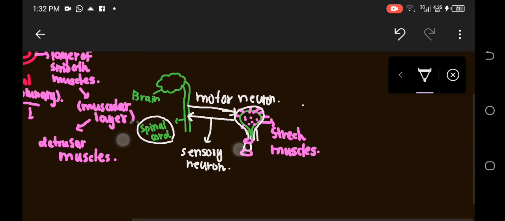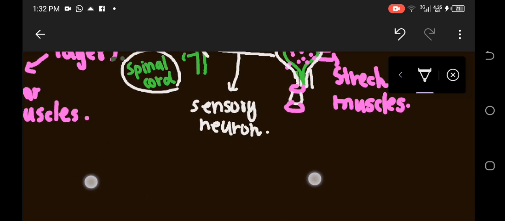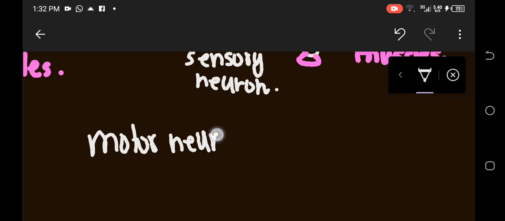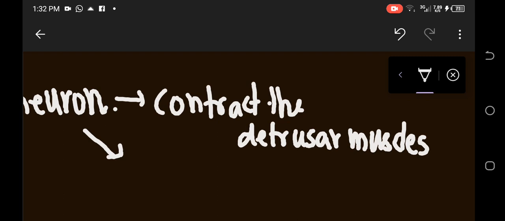Okay, so now the motor neuron will take the command. The motor neuron will take two commands. One command is to contract the detrusor muscles, or we can say the stretch muscles, and the other command will be to contract the internal sphincter so that it opens.